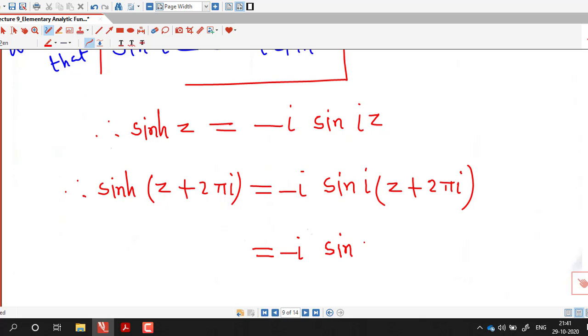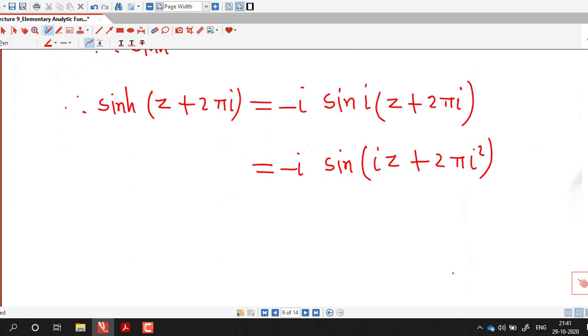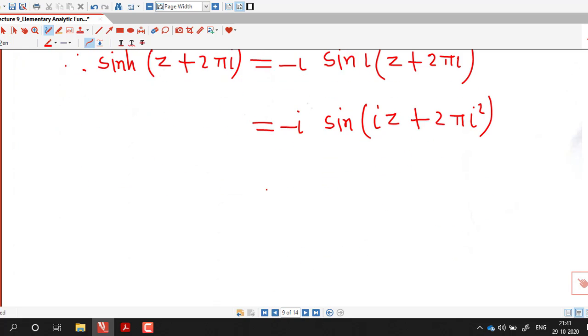So this we can rewrite as sine of iz plus 2 pi times i square. Now i square is minus 1, so this we can write as minus i sine of iz minus 2 pi, taking i square equal to minus 1.